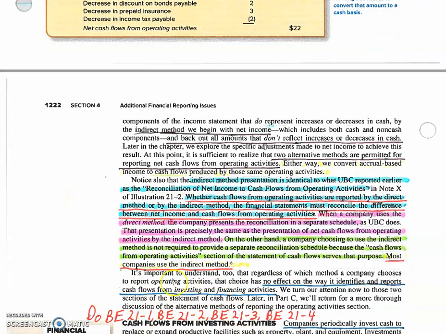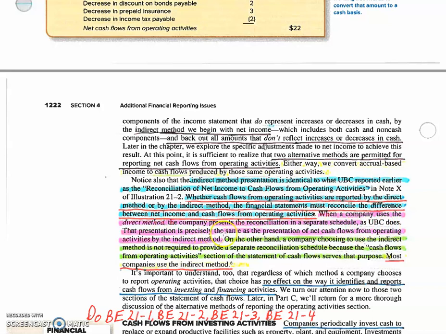Okay. Now, right here, they talk about what I've talked about earlier, whether cash flows from operating activities are reported by the direct method or by the indirect method, financial statements must reconcile the difference between net income and cash flows from operating activities. Now, when the company uses the direct method, the company presents the reconciliation in a separate schedule, as we saw a minute ago.